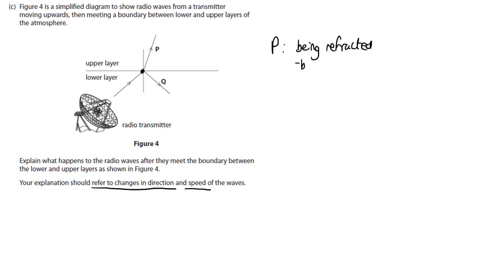Let's say they're being refracted towards the normal. So there's the direction. And why are they refracted towards the normal? If that happens, it's because they're slowing down.